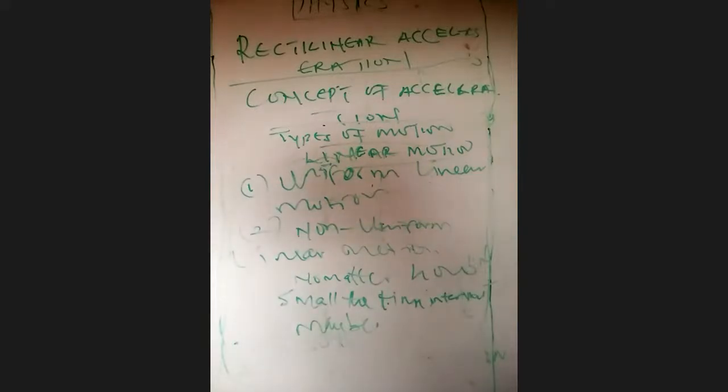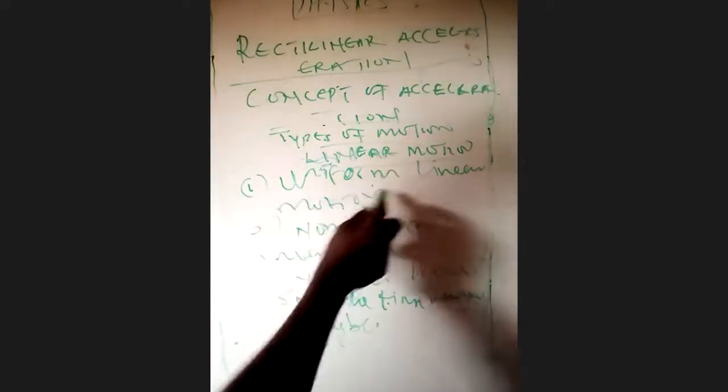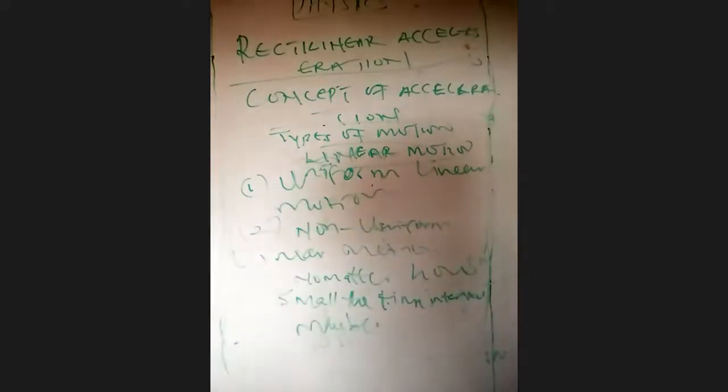Now, when we talk about non-uniform linear motion, an object is said to undergo non-uniform linear motion if the rate of change of velocity varies. The opposite of uniform linear motion is non-uniform linear motion.